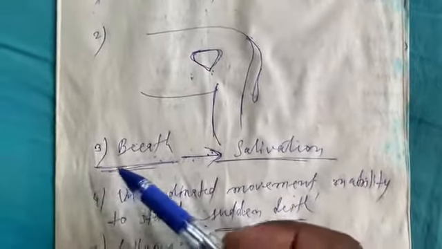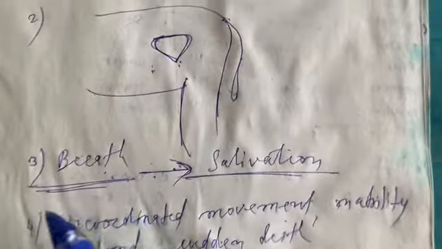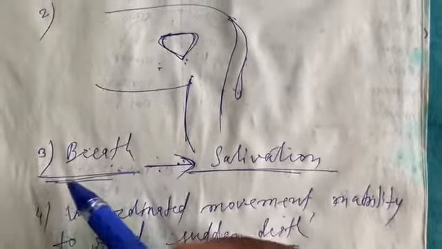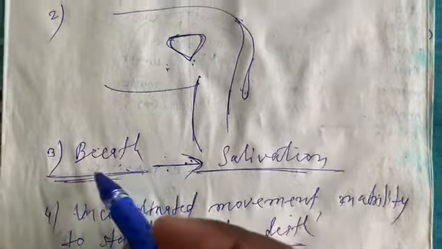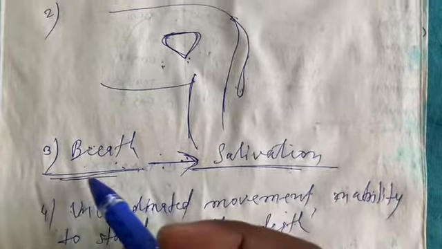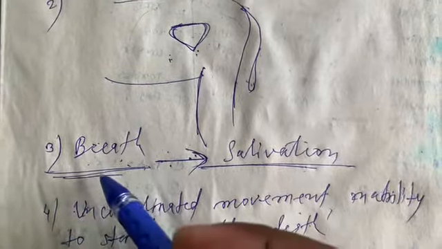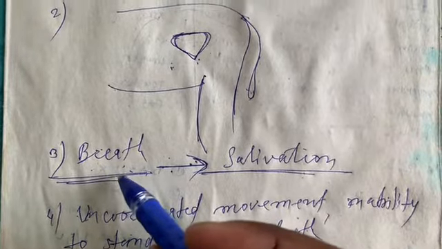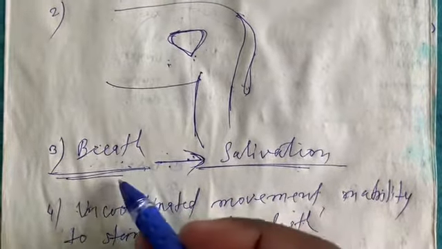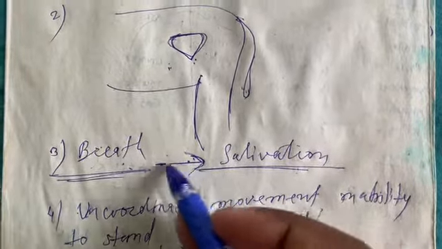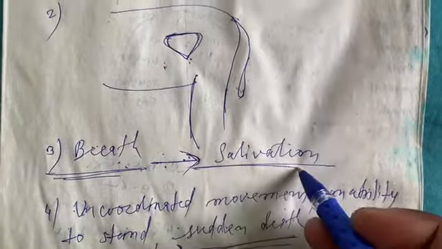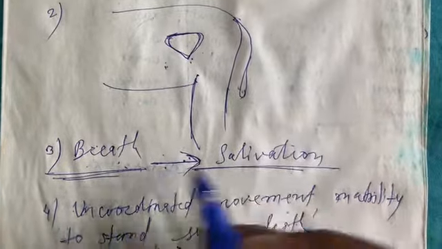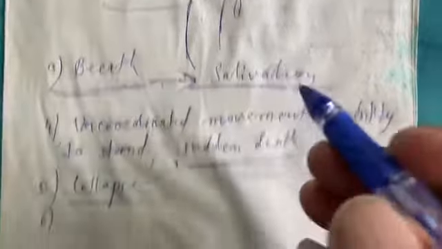Then the animal has difficult respiration, meaning it is unable to breathe properly, and as a result the animal tries to take a breath through the mouth, and in this way the tongue protrudes. Okay. And due to this, salivation also occurs in such animals.